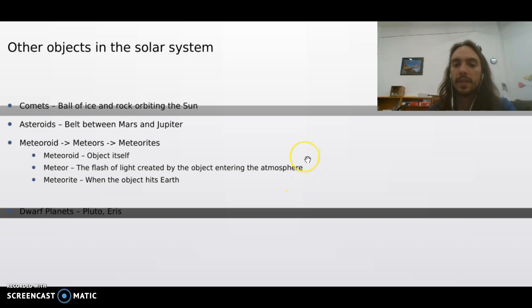Sometimes when we see videos online of just this crazy gaseous ball of fire coming from space, basically, and no one can tell what's going on, that's a meteor. Those are relatively harmless unless they're so big that they can hit the Earth. So when they hit the Earth, we call that a meteorite. And a meteorite is essentially just a meteor that didn't burn up all the way when it entered our atmosphere.